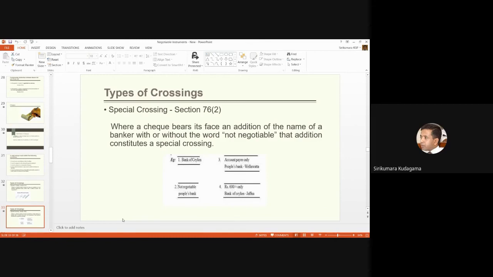But if those words are accompanied by the name of a bank, then it means that it's a special crossing. You see the fourth one, there is a number given, some sort of a limitation of the value, as well as the name of a bank. So what is crucial here is that if you have given the name of a bank in the crossing, it is a special crossing, right?